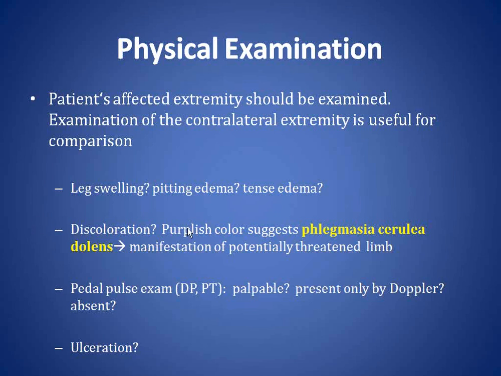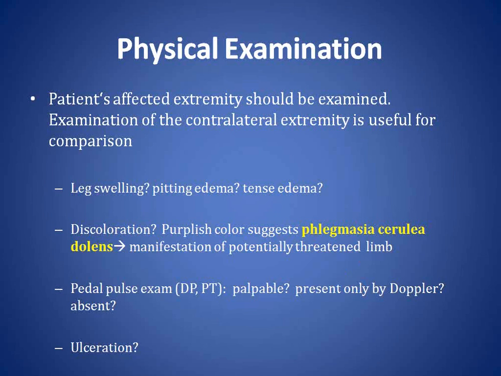Discoloration: if it's purplish, it suggests a diagnosis of phlegmasia cerulea dolens. People call it phlegmasia. It just means that the leg is sort of mottled. It's become dusky because the blood can't get out. The opposite of that is phlegmasia cerulea alba, which is white, and that happens when the blood can't get in.